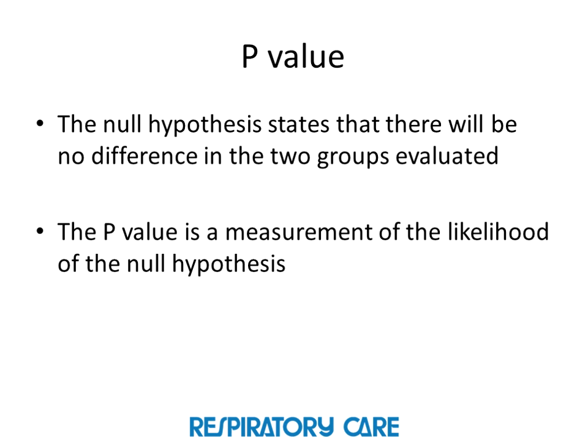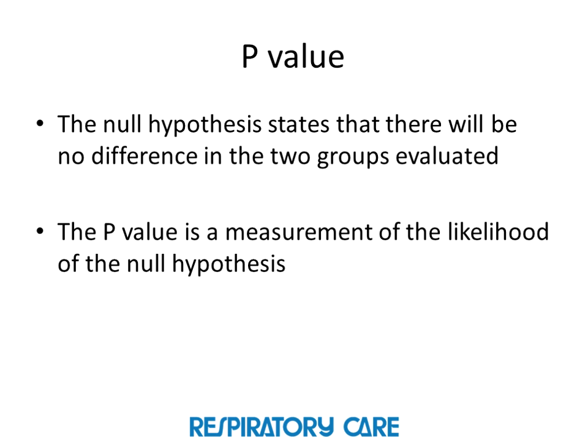The p-value, and by the way, the p-value is always asking: was this study significant? I just wanted to point out that the p-value really evaluates the null hypothesis. The null hypothesis says that it doesn't make any difference in the two groups, whether you use ultrasound or whether you don't.